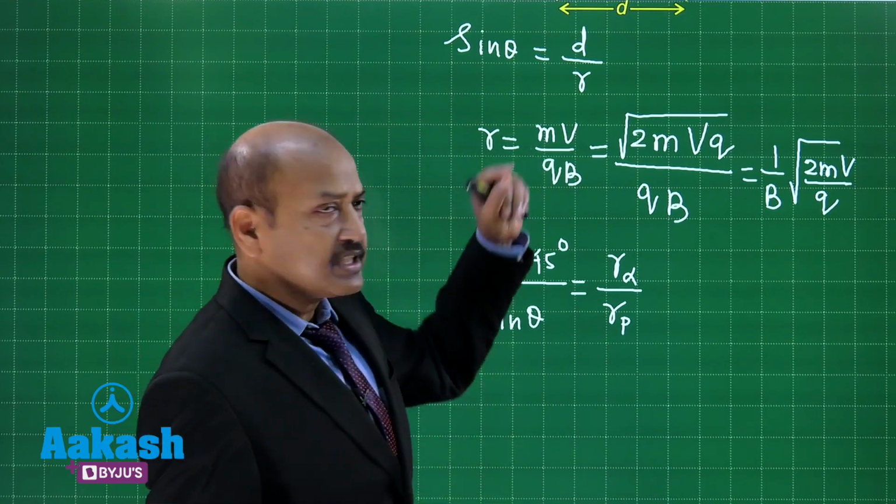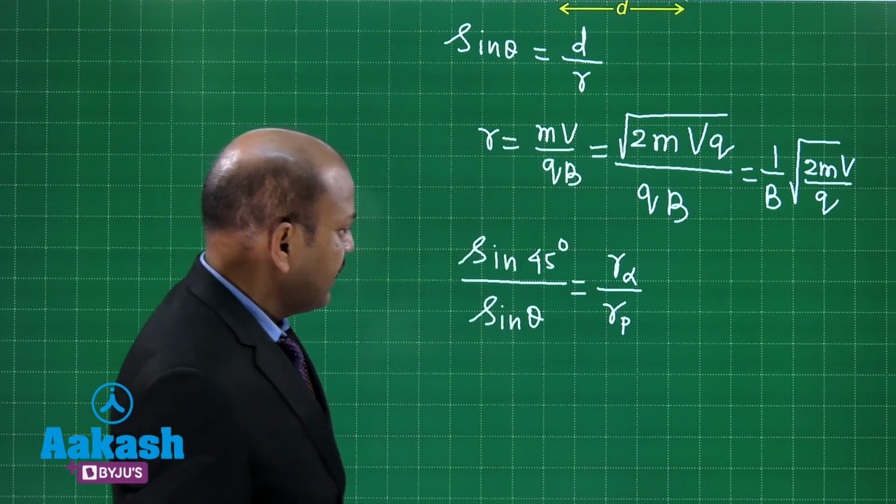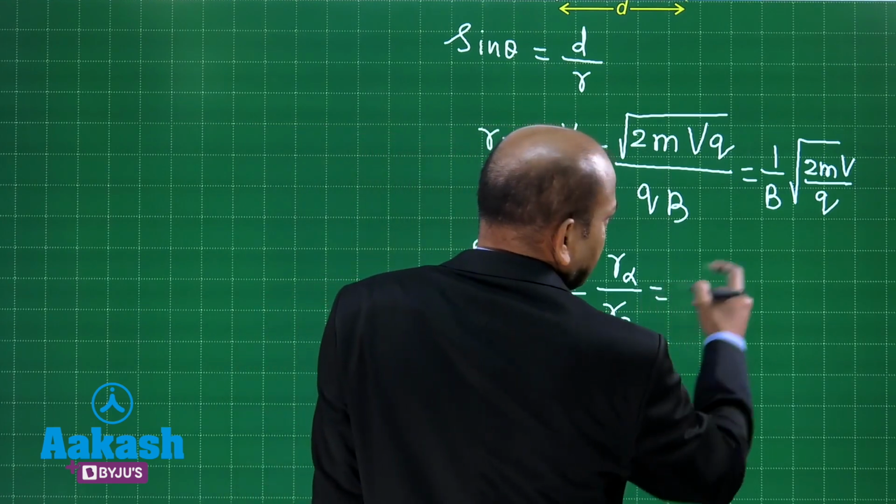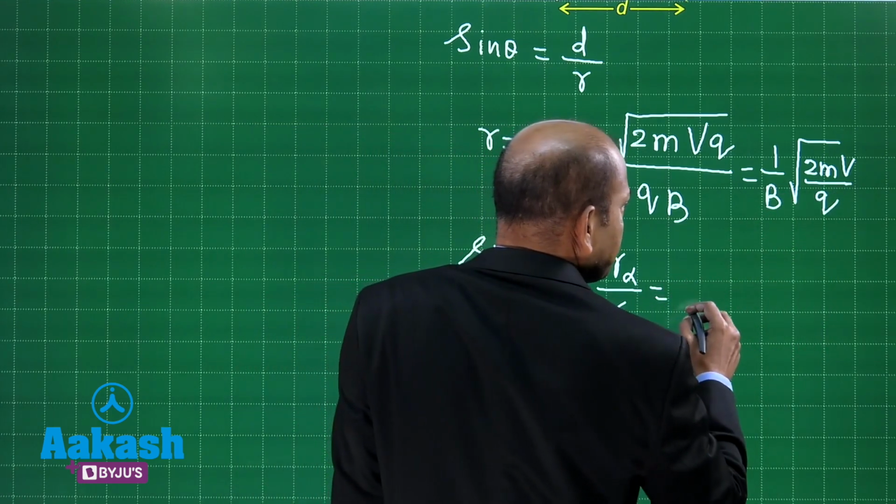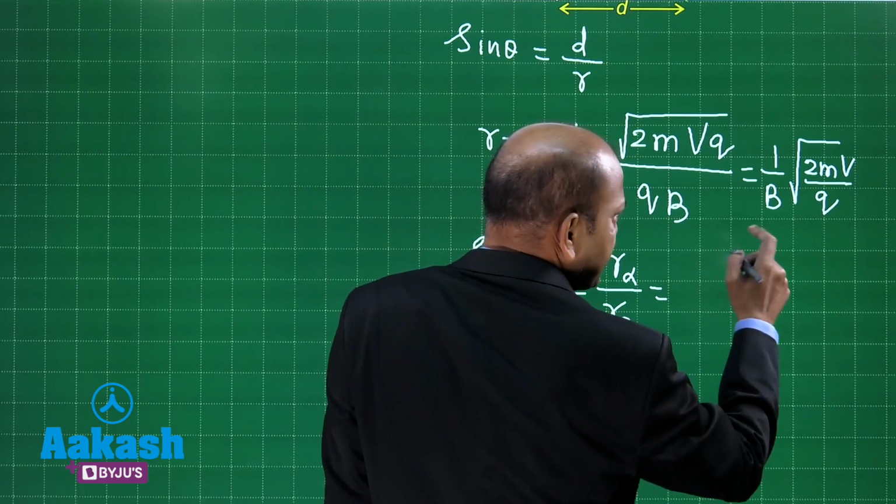Because sin theta is inversely proportional to the radius. And from this expression we can just put the values of mass and charge.